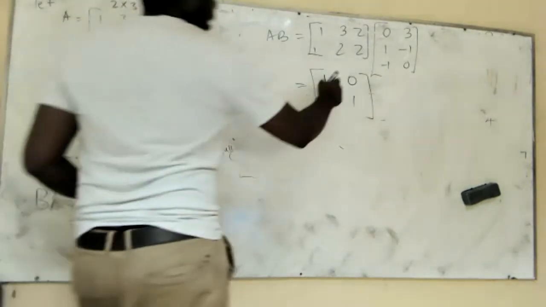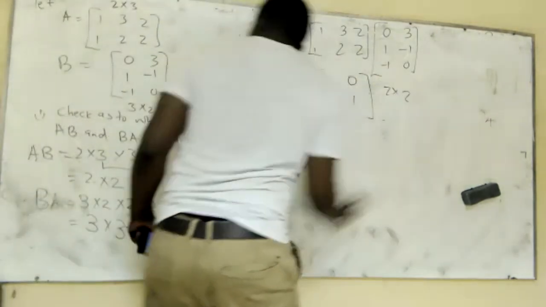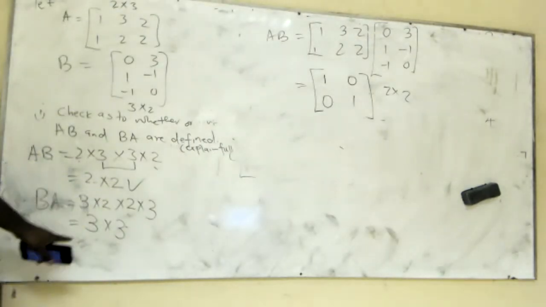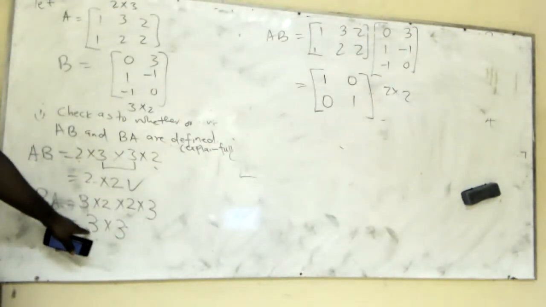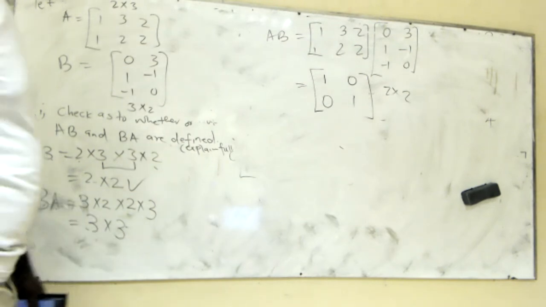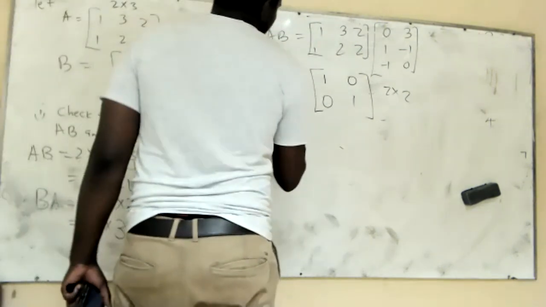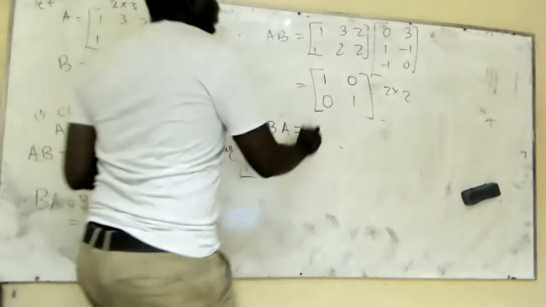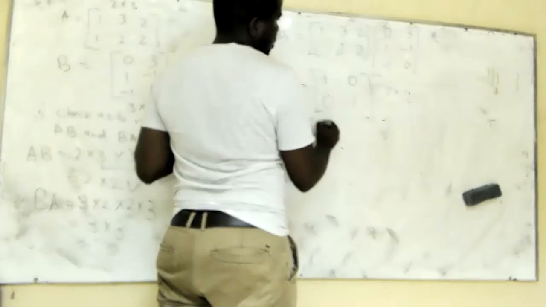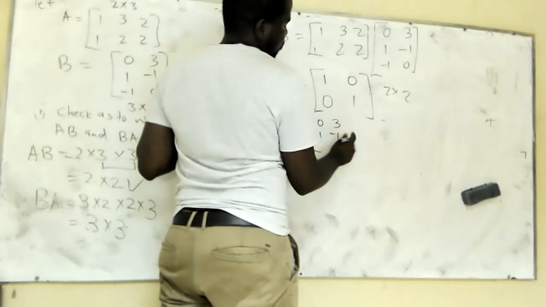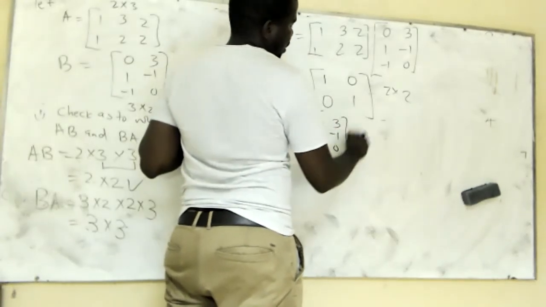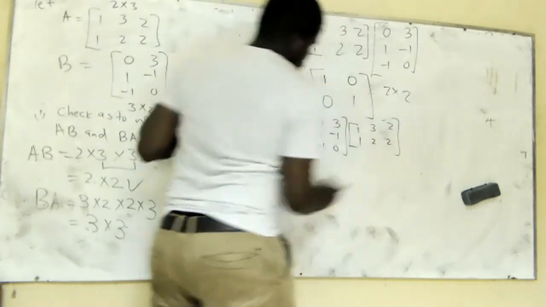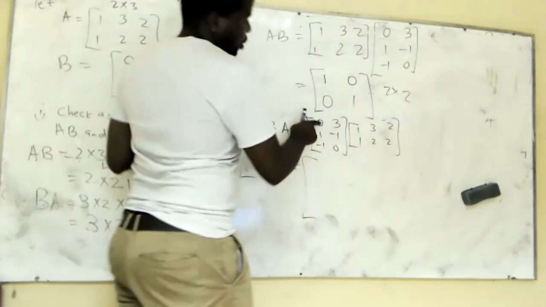And you can see the answer we got is the 2 by 2 matrix, of which we proved that we're going to get the 2 by 2 here. So the next one, the answer we're going to get must be what? 3 by 3. Let's see if we're going to obtain the 3 by 3. So it's the multiplication of BA, not AB. For BA, it means we're going to have 0, 3, 1, negative 1, negative 1, 0, and then 1, 3, 2, 1, 2, 2, of which when you multiply this, it's this with that.